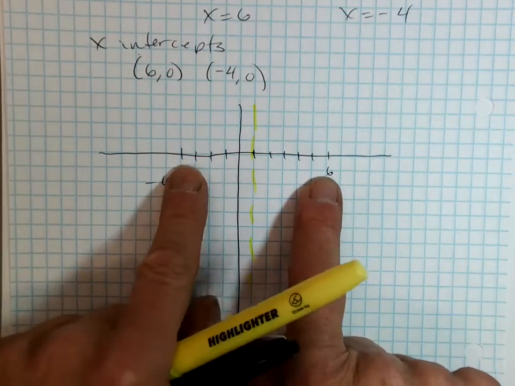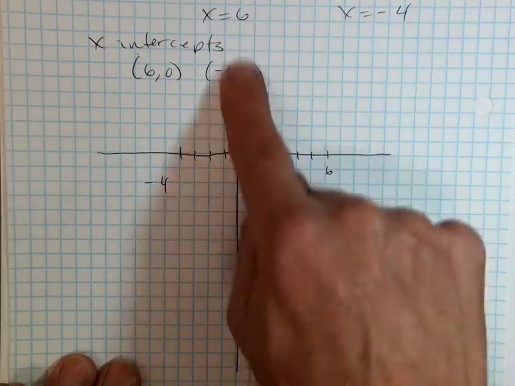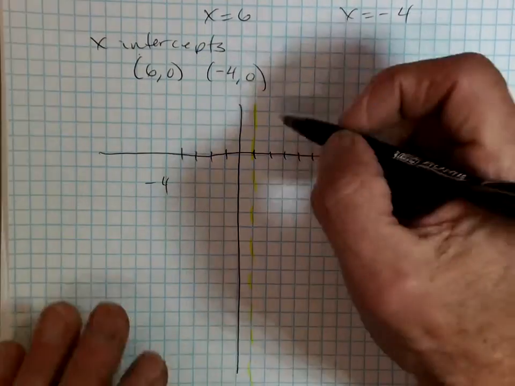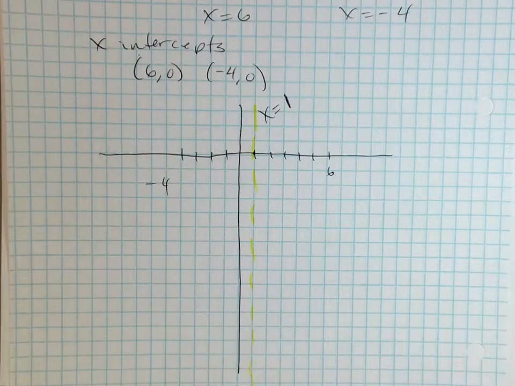If I've got an x-intercept of negative 4 and an x-intercept of 6, then my vertex is somewhere on x equals 1, isn't it? You could have also done the negative b over 2a. That'll work, sure. But x equals 1.